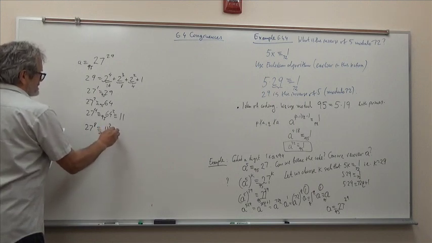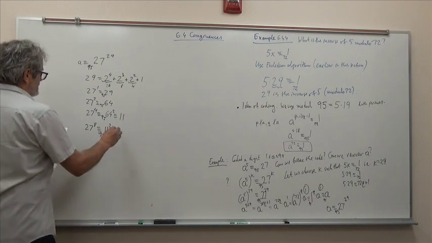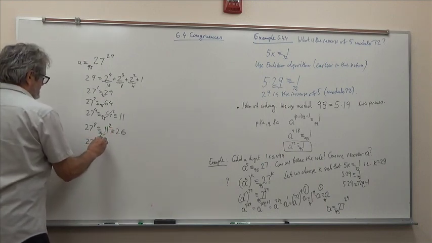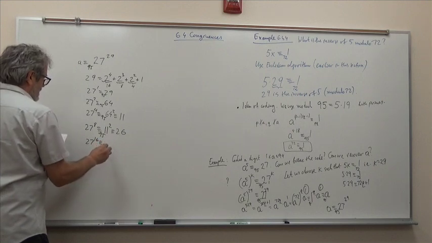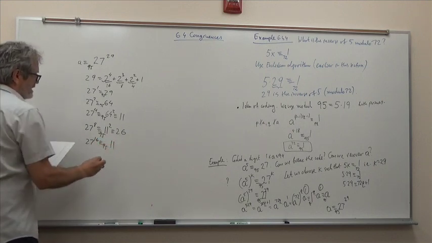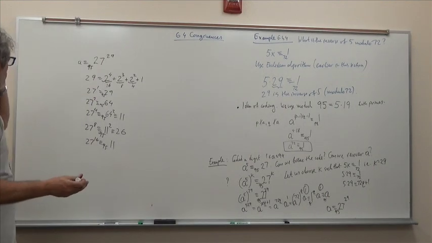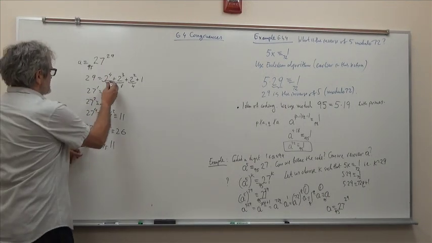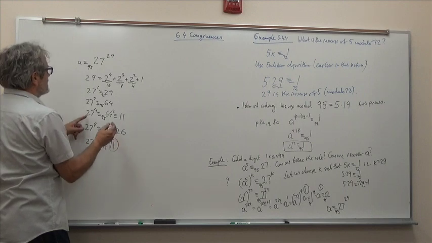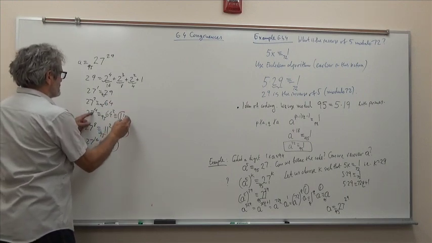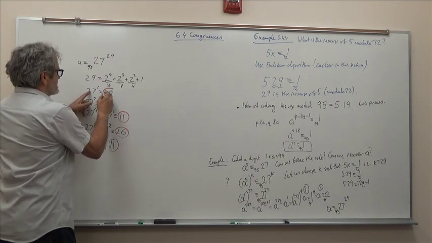That one you can calculate even by hand. That's 26. 27 to the 16th is congruent modulo 95 with 11. And then the same way as we did earlier today, I need 16, which is this guy. I need 8, which is this guy. I need the 4th power, which is this guy, and just 27 here.